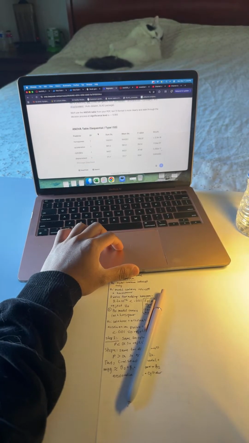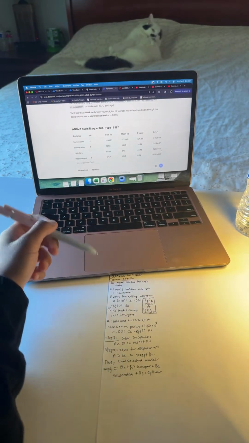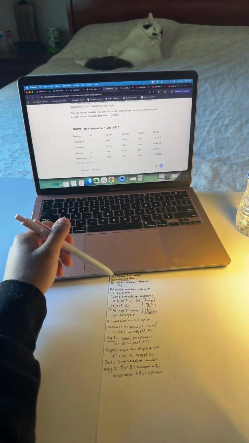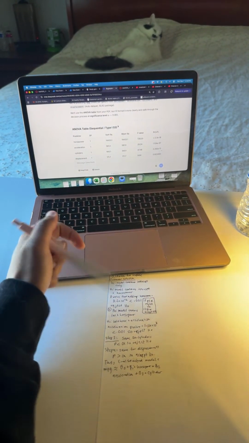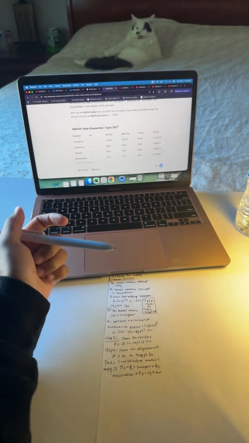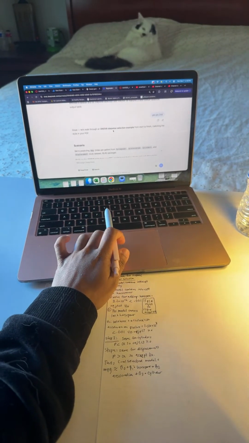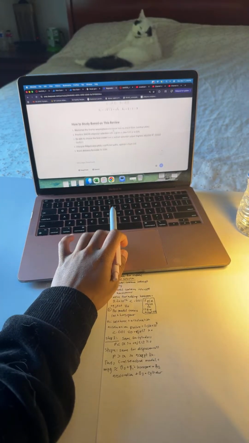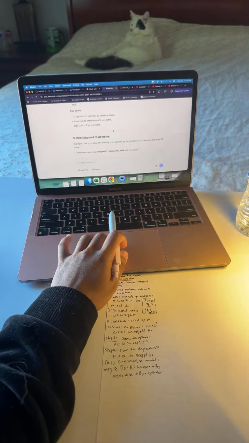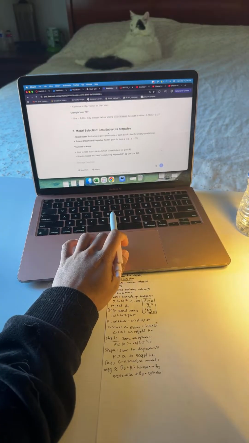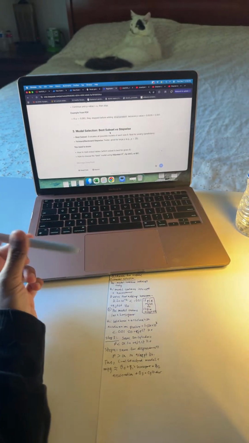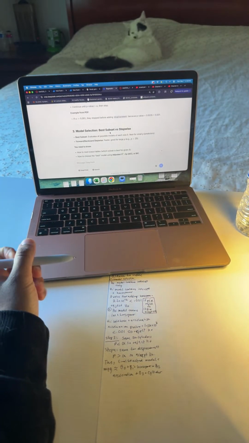This is the ANOVA for stepwise model selection. Okay, now we do model selection for best subset versus stepwise.